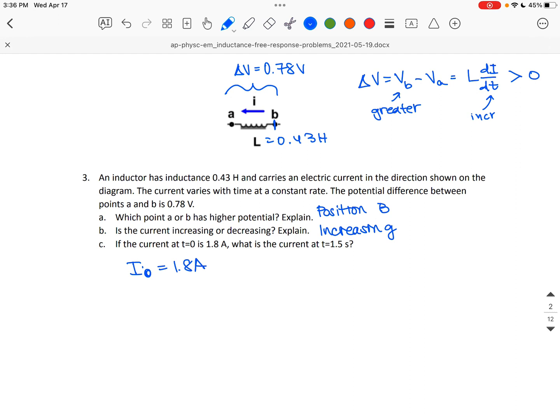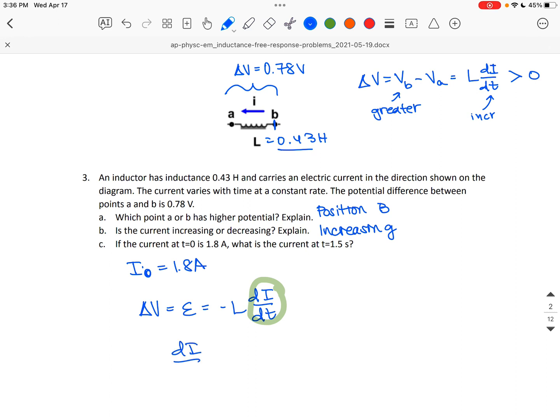So in this scenario, we're going to use the fact that we have a change in voltage that's equal to the EMF, and that is negative L di over dt. We're trying to figure out the change in current, and we're given L of 0.43 and we're given the change in voltage as 0.78.